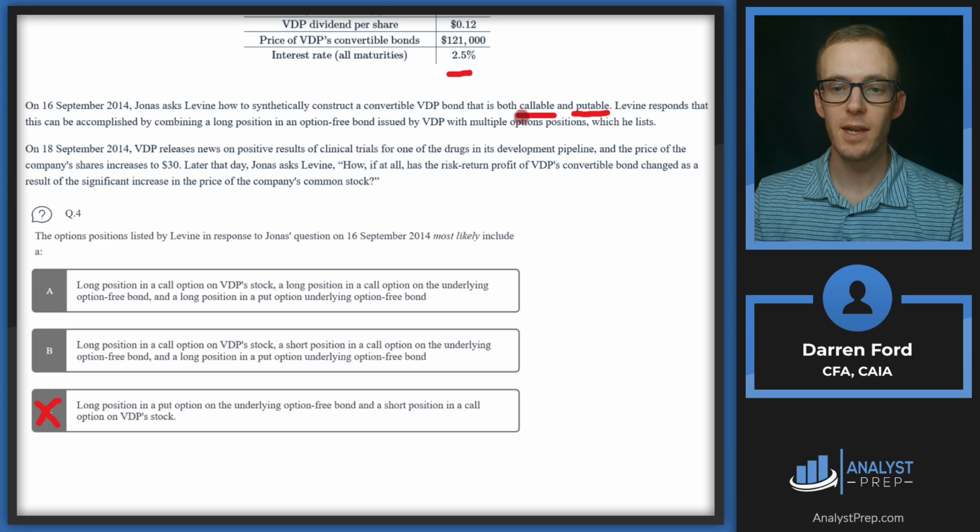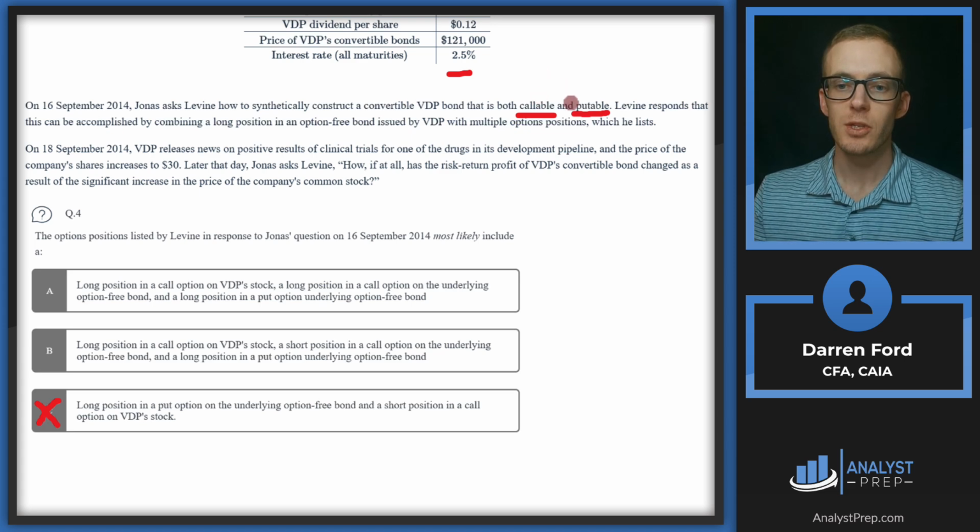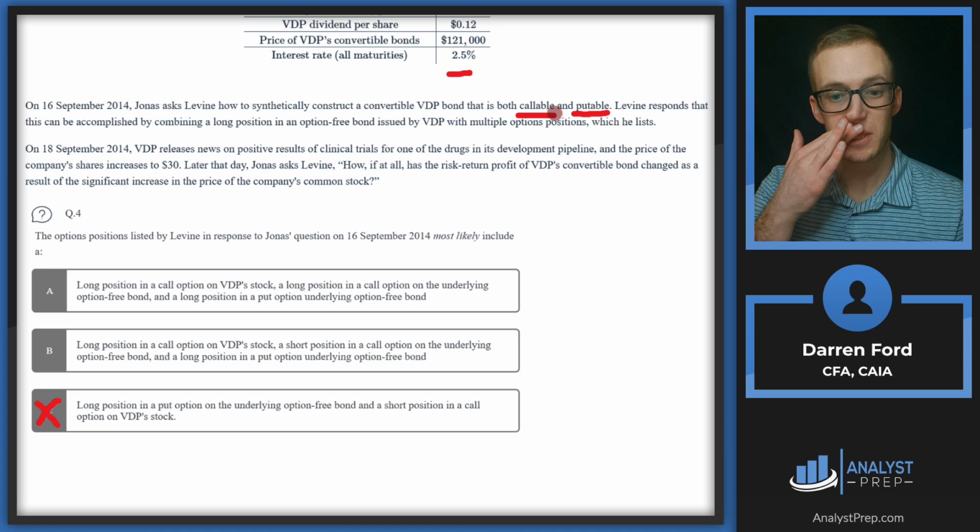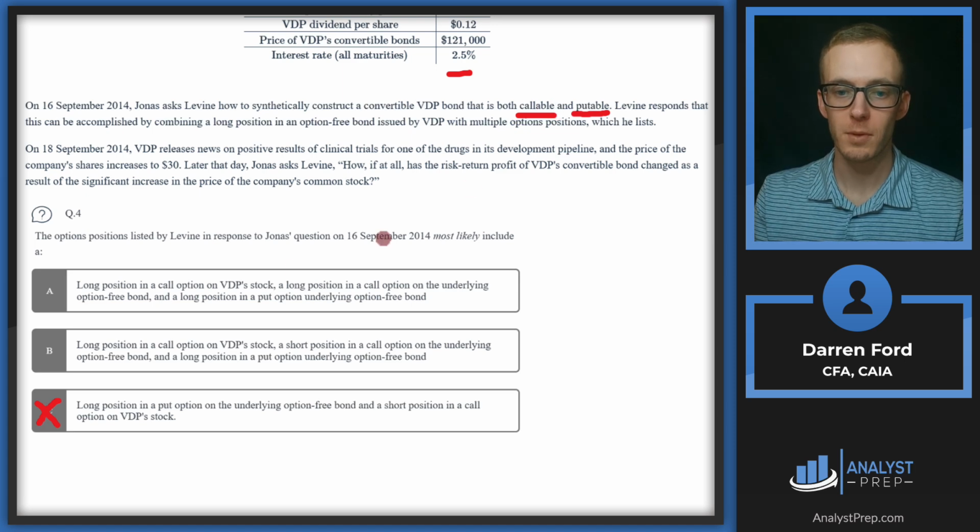So when prices are increasing, the position we would need to have our bond called away is to write what's called a covered call on the bond. If we go short a call on that bond, let's say the price is at 100 and we write a call at 105, and interest rates fall and that bond price increases, we're going to have our bond shares called away at 105. So that's the second leg that's going to make this callable.